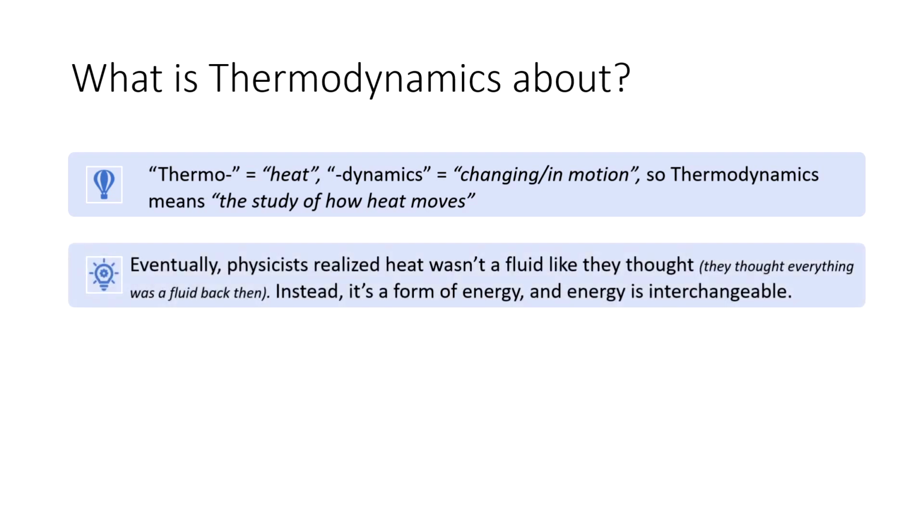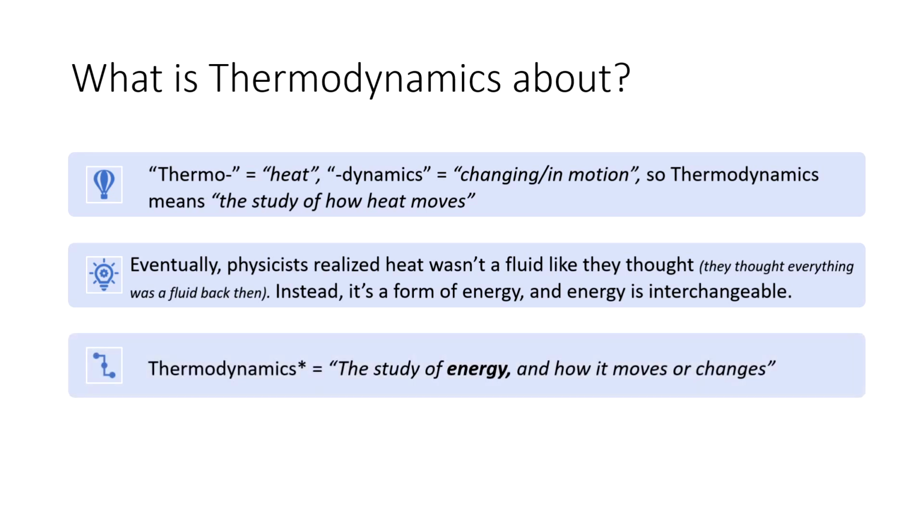But they thought that heat was a type of fluid. Eventually, they realized it's a form of energy. And as such, it's connected to all the other forms of energy. It's connected to work, it's connected to potential energy, it's connected to light, it's connected to all sorts of things. And so, it eventually ballooned and morphed into this new field of study, hence the asterisk on the name thermodynamics.